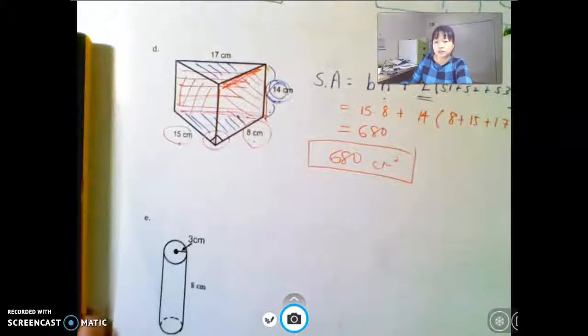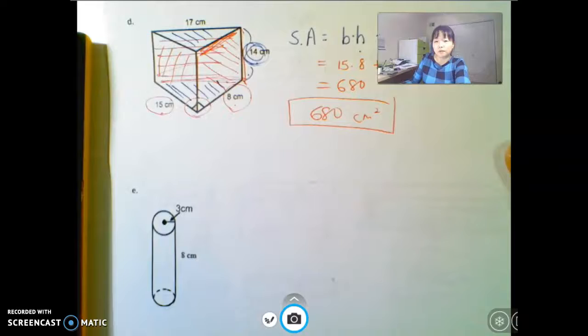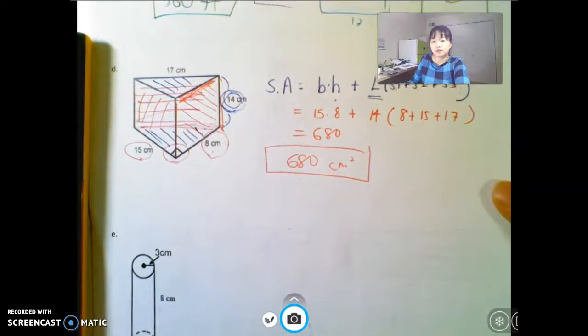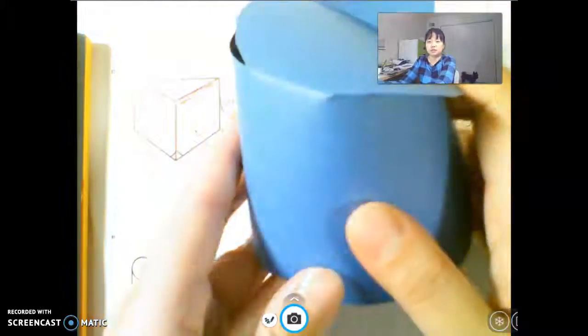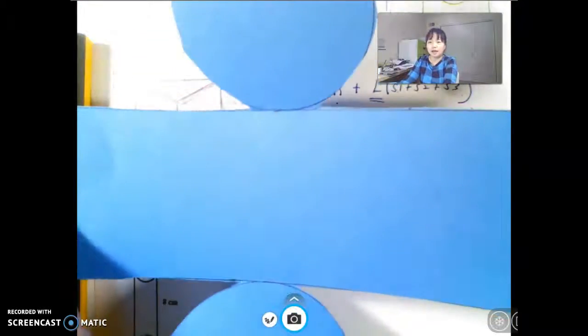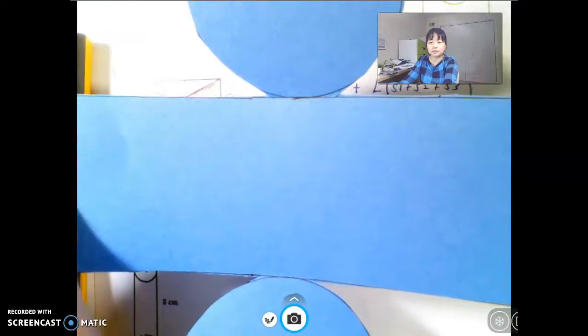So cylinder, if you were to open up a cylinder, let me show you that. It's going to look like this. You're going to have a circle at the top, a circle at the bottom, and then the lateral side surface of a cylinder is going to be a rectangle.